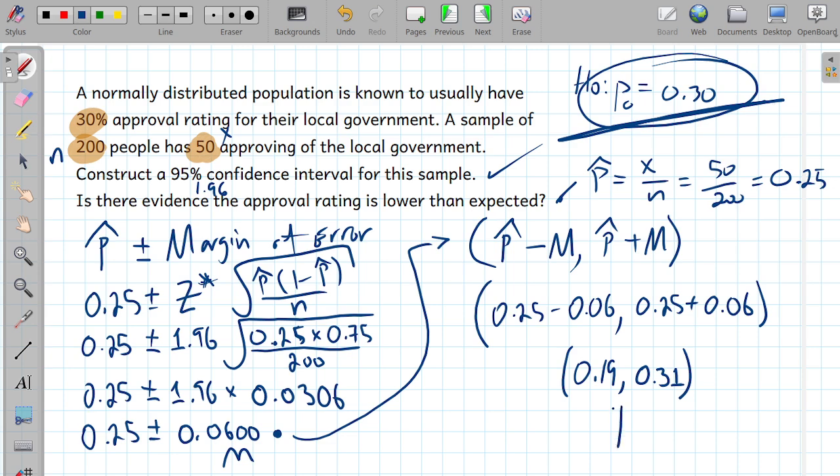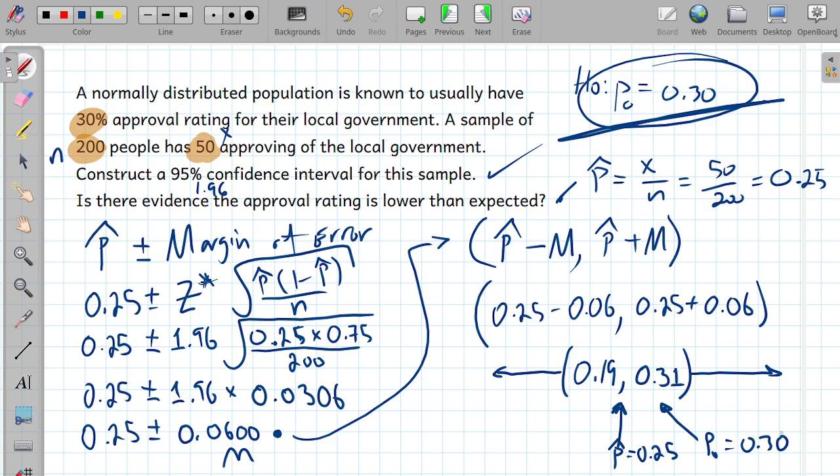Now, remember, dead center in any confidence interval is the estimate. Here it's p hat, 0.25. The answer to the question then becomes where, if we were to put this on a number line, do we find 0.30? Well, it's inside here as well. We can say p sub null is equal to 0.30.